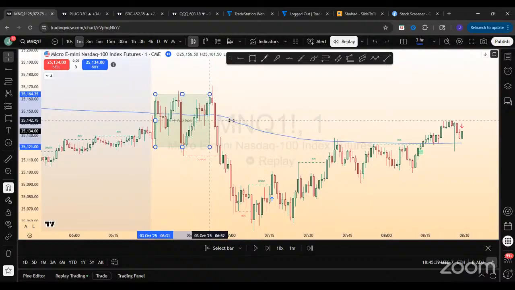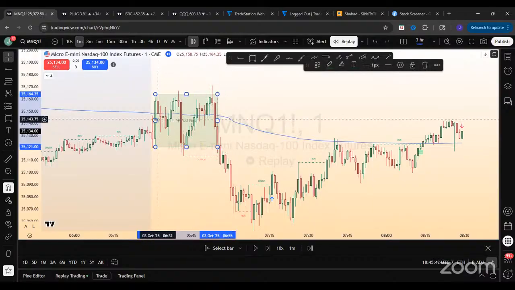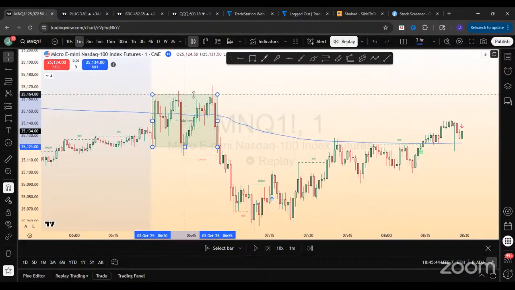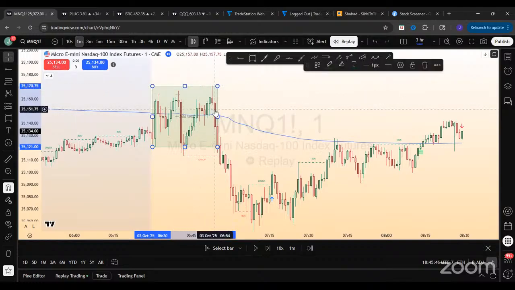The direction doesn't really get set in that period. Right about here at 7 o'clock was here; before that, it was all choppy. So try not to trade during that. Got it.